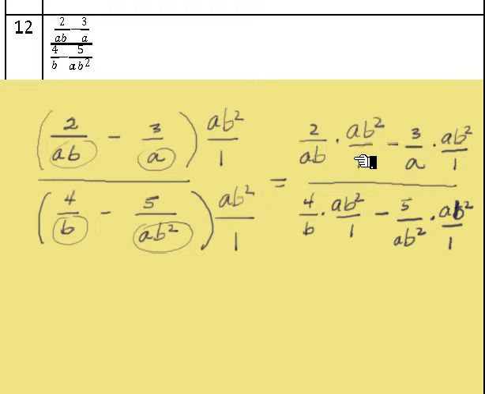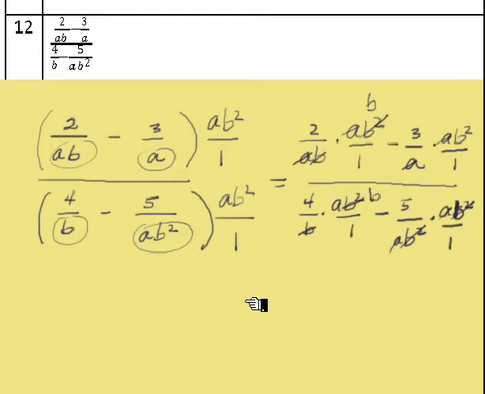Now we're ready to cancel. First the a's, and then b goes into b squared, we're left with b. Now the a's, and cancel b squared as well.